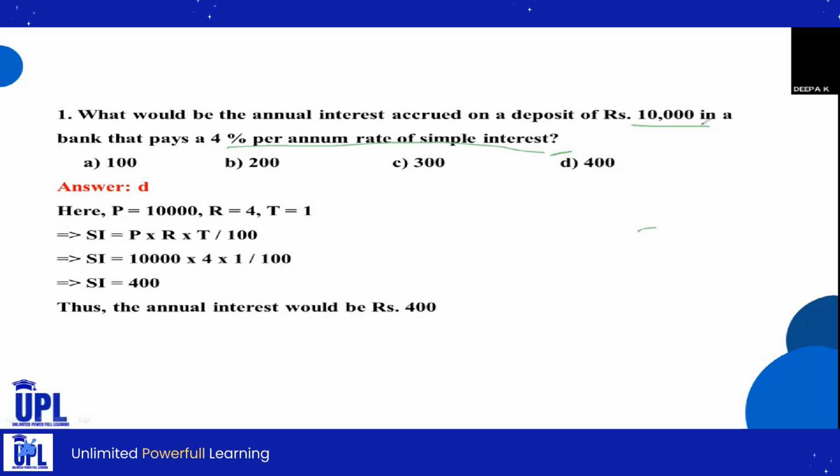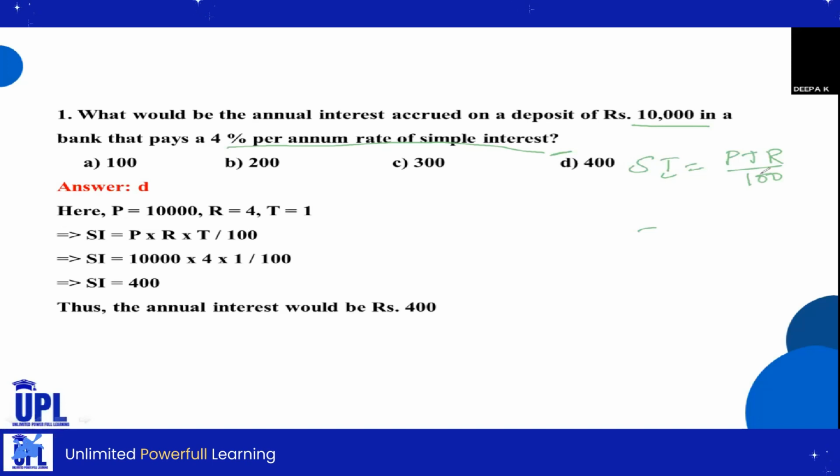What we have to calculate here, the annual interest, is nothing but simple interest, SI. The simple interest formula is PTR divided by 100. This is the formula to calculate the simple interest or annual interest.